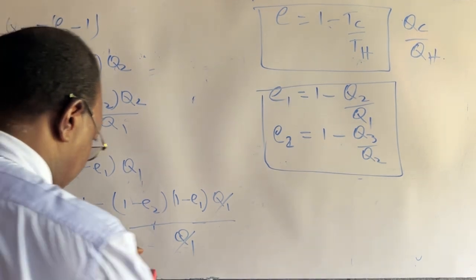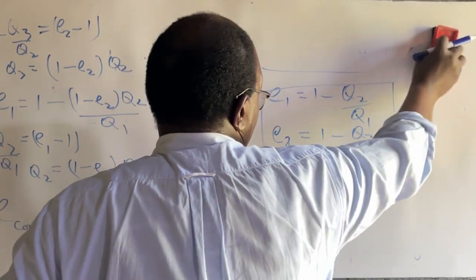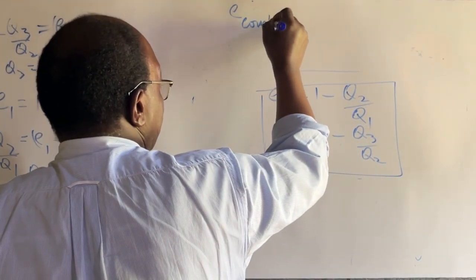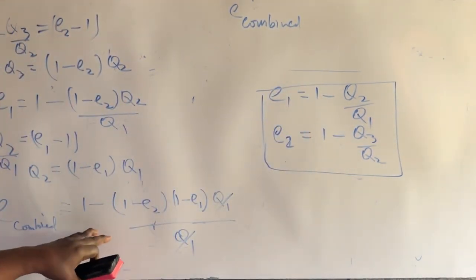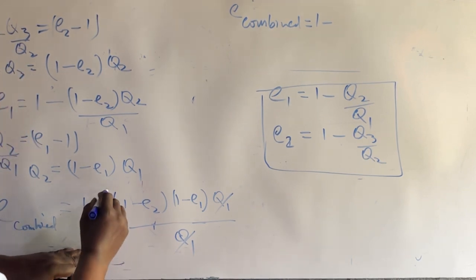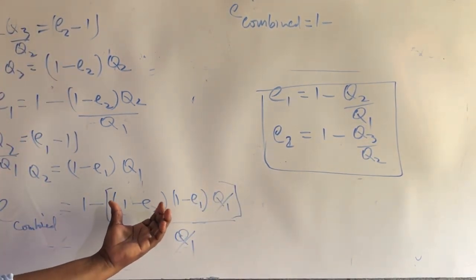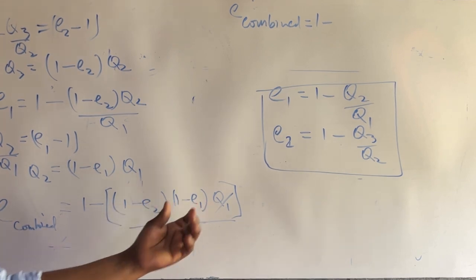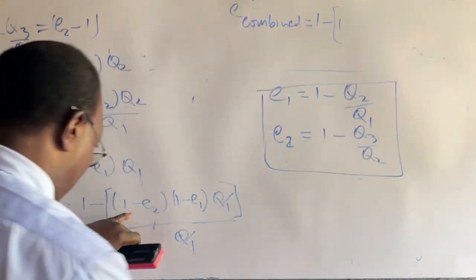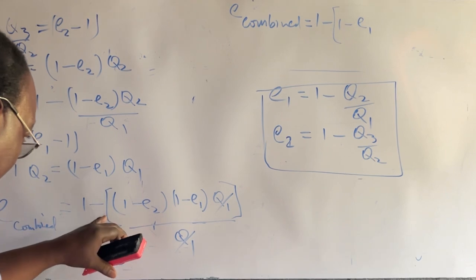And this expression will be reduced to the form where we have E combined, the combined efficiency. Combined efficiency will be 1 minus, and we open up this bracket and multiply. 1 by 1 will be 1. 1 by minus E1 will be minus E1.